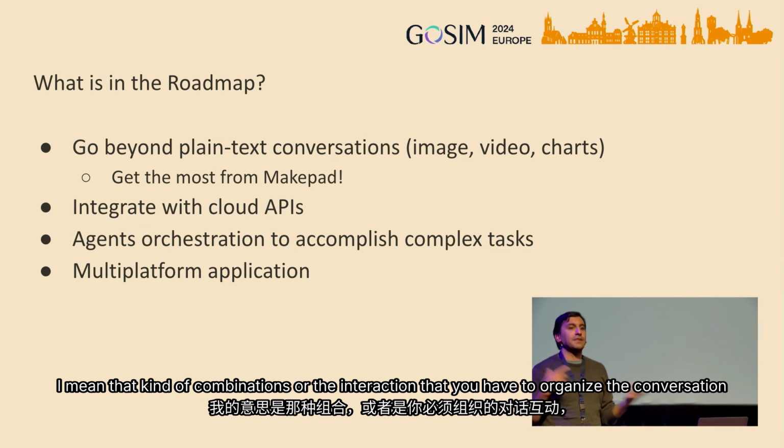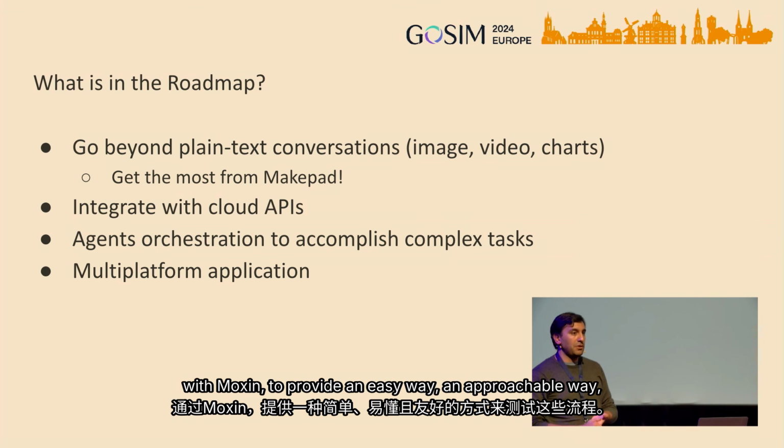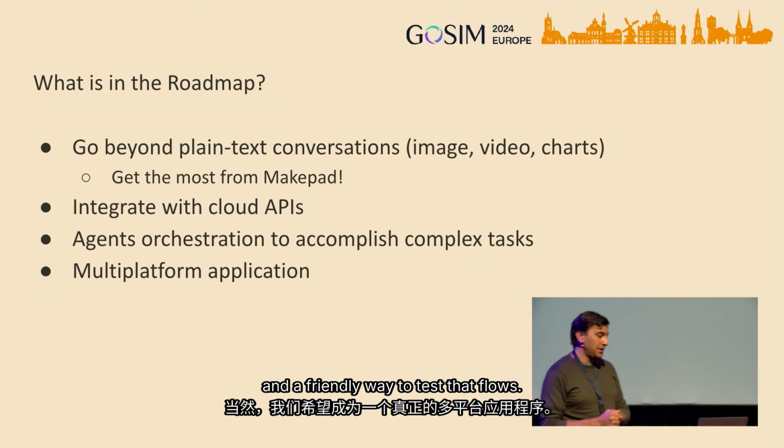That kind of combination or interaction, to organize the conversation and get information from different sources and models, is what we want Moxin to provide: an easy, approachable, and friendly way to test those flows.